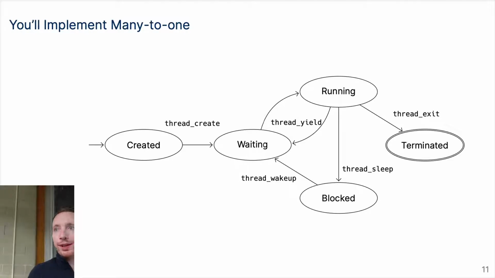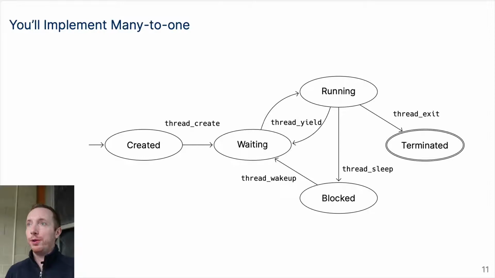And since this is all user level threads running in a process, this also happens at the process level. If it does a system call, then the process will be blocked, and your threading library will have no idea that a system call is being executed. It would just consider it as running.